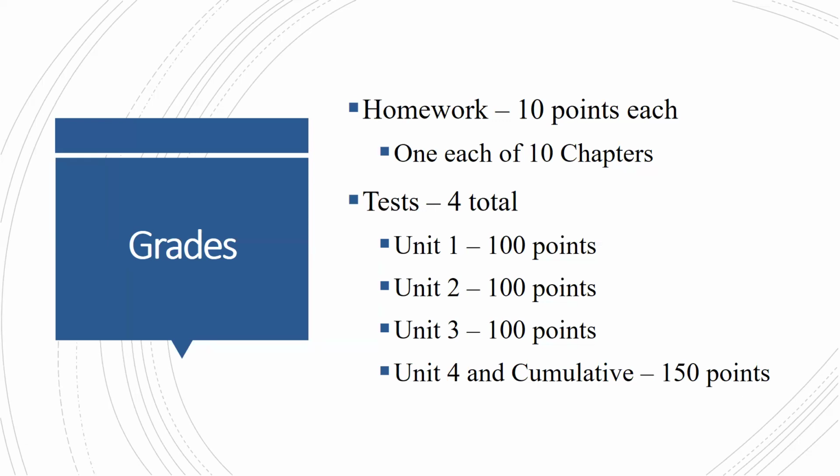Your total grade for this semester is however many points you earn out of that, divided by 550, which is the total points allotted, and then a standard letter grade that is based off of the percentage scale found in Moodle on the syllabus. So that's how grades are determined in this class.